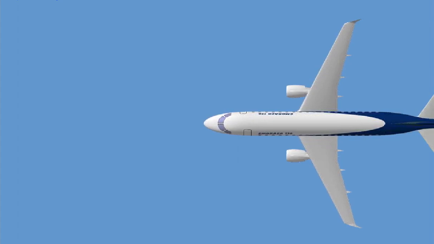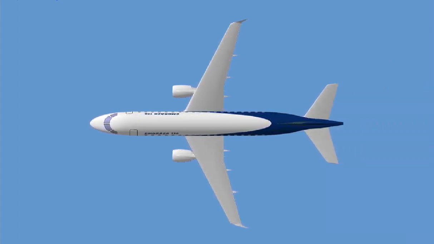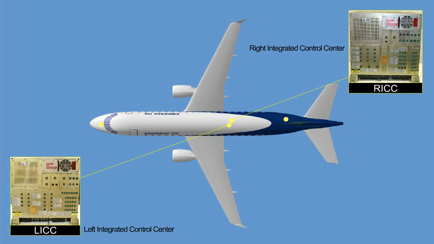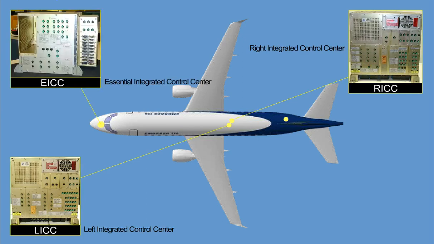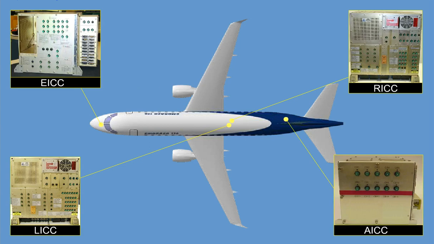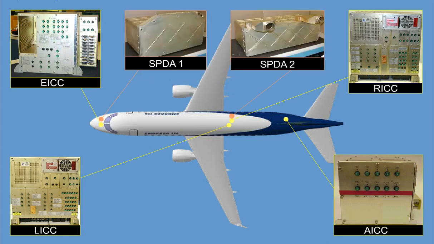Primary DC power is distributed by line replaceable units, located in the following main components: left integrated control center, right integrated control center, essential integrated control center, and auxiliary integrated control center. Secondary DC power is distributed by LRUs located in the Secondary Power Distribution Assembly, SPDA1 and SPDA2.